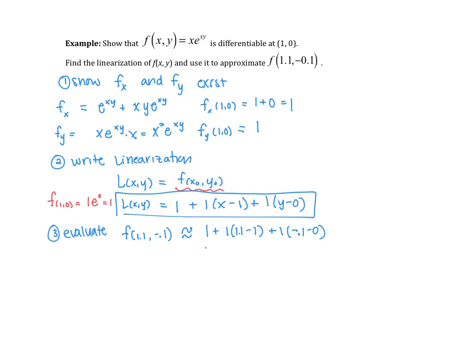And when I simplify this, we get 1 plus 0.1 minus 0.1, so the linear approximation is approximately 1. What that tells us is that most likely, the ordered triplet would be (1.1, -0.1, 1). That would be the point on the surface.